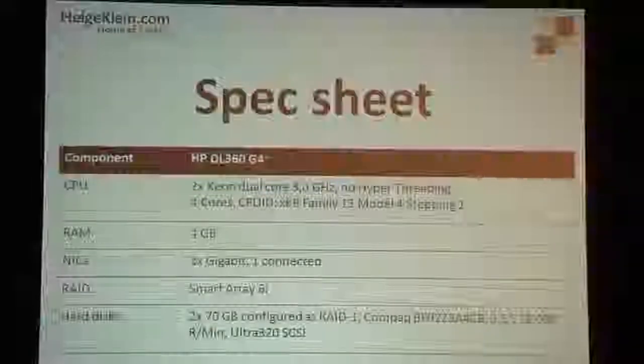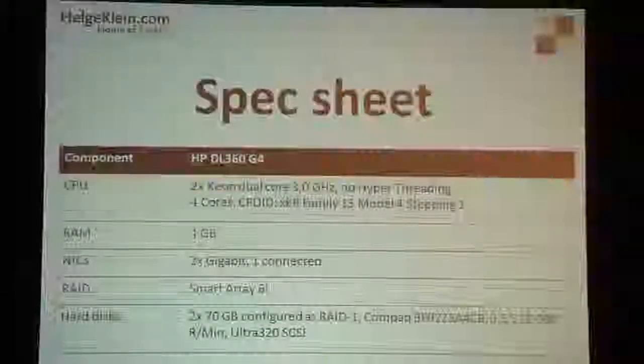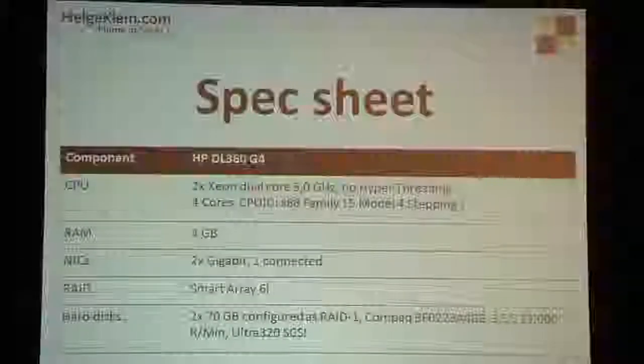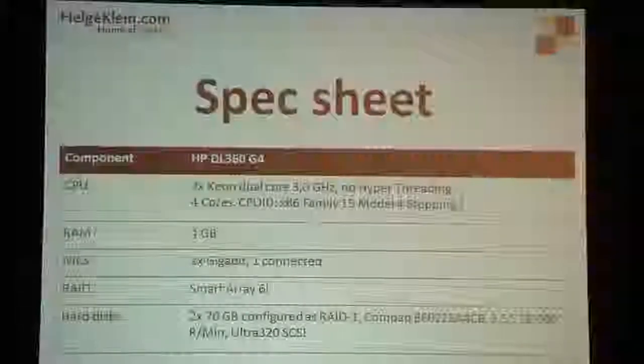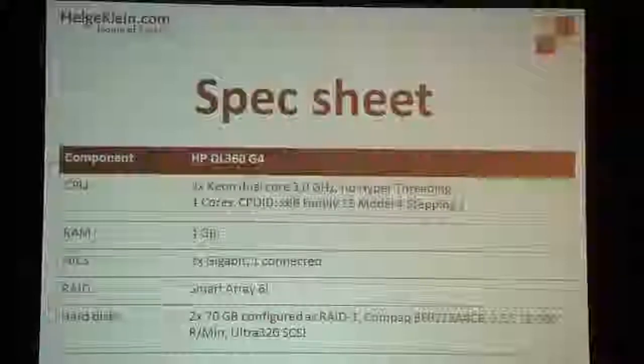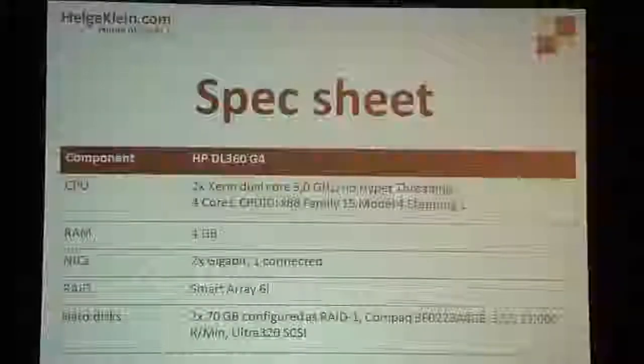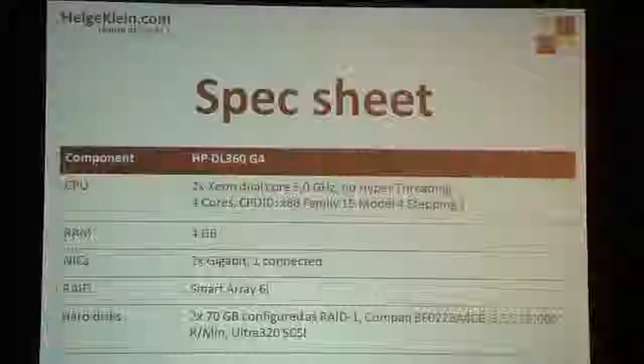For example, all these numbers here are from a real life example, by the way. This customer has HP DL360 generation 4 models in his data center. So put together the relevant system components in a G4 system.